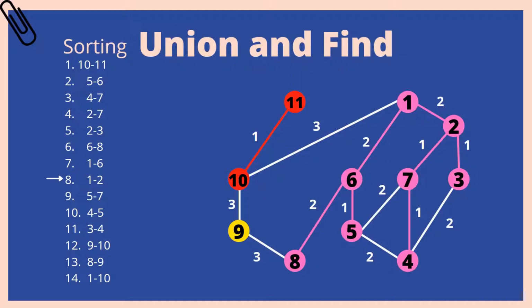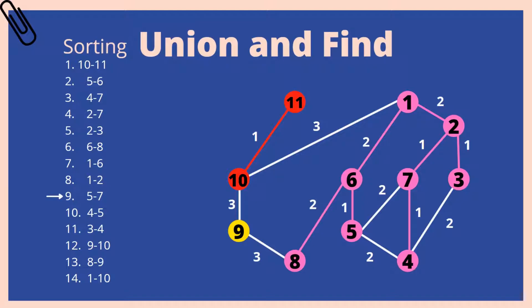Now coming to the next edge, that is 5, 7. We can say that 5, 7 is making a circle. In programming, how can we say that it is making a circle? Here our find method comes into the picture. The find method will check if the parent of 5 and 7 are both the same.